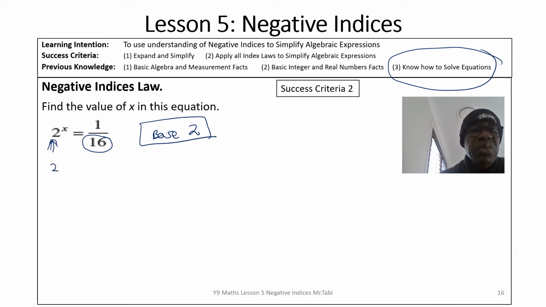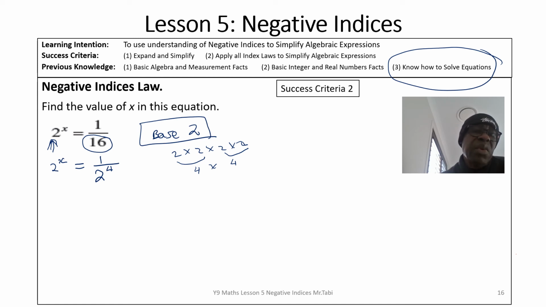So 2 to the power of x is equal to 1 over 2 to the power of 4, because I can write 16 as 2 to the power of 4. Remember, 2 times 2 times 2 times 2 is 16, because 2 times 2 is 4, 2 times 2 is 4, and 4 times 4 is 16.